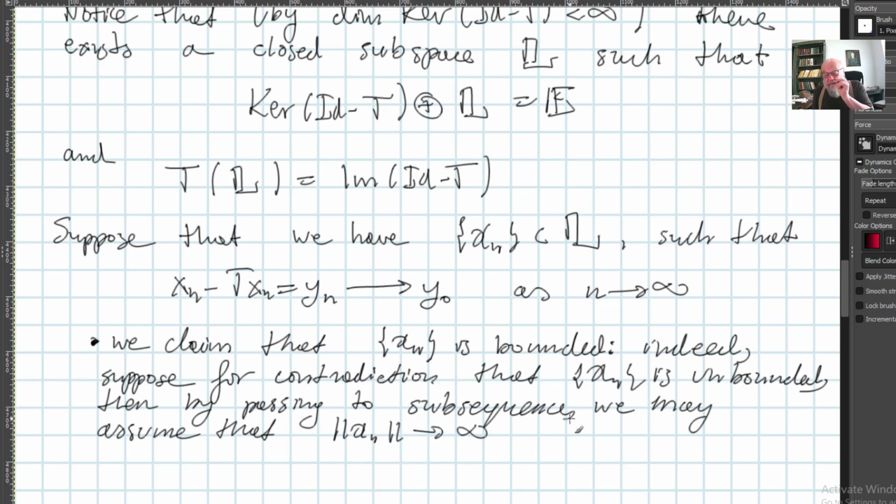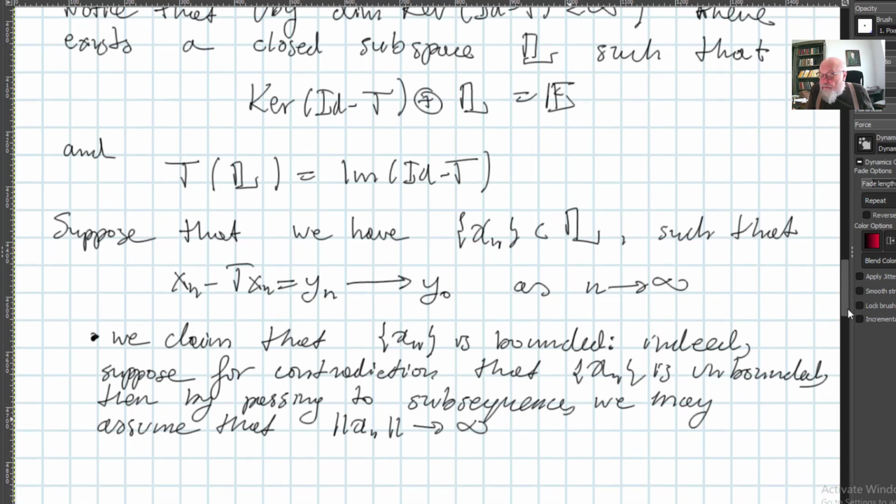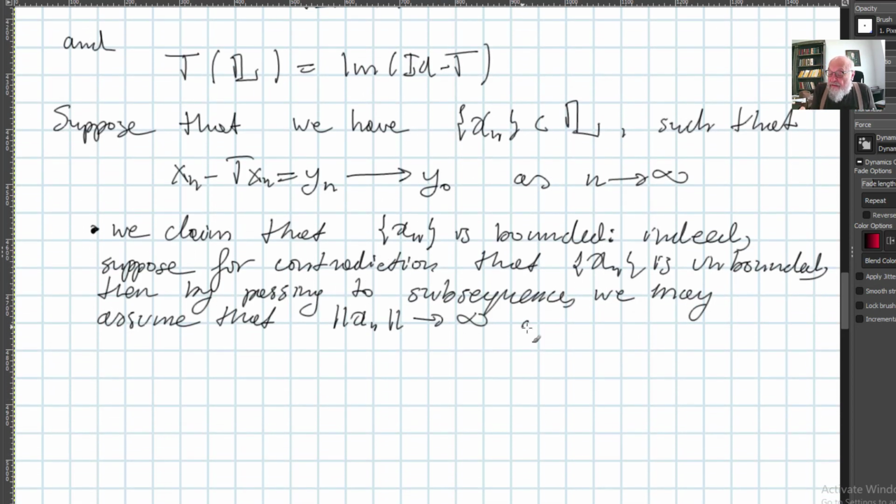So the sequence has the norm increasing to infinity. And we also have, I put here like this, Vn equals xn divided by the norm of xn. So Vn has the norm equal to 1.